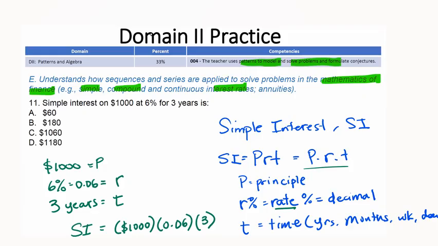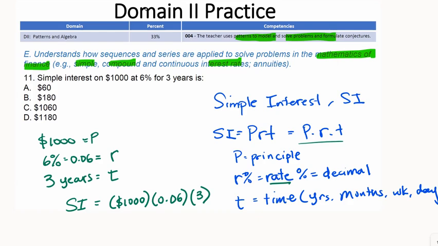I want you to do it on your calculator and get the value. This is just the simple interest. The answer is 180. The interest is 180 dollars.